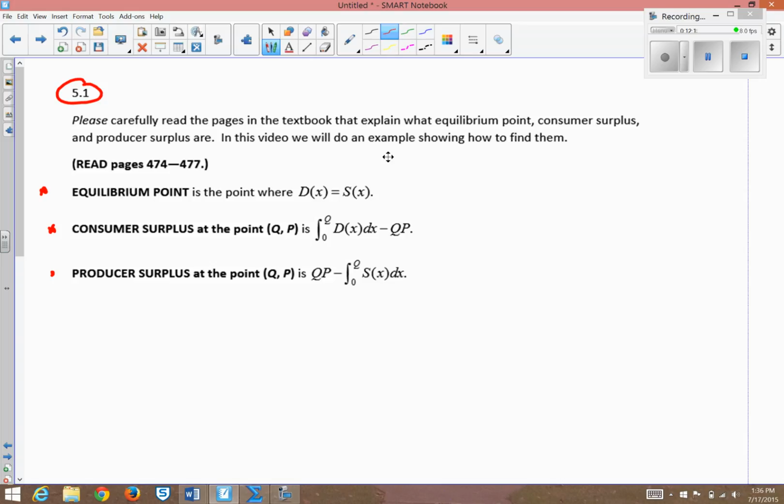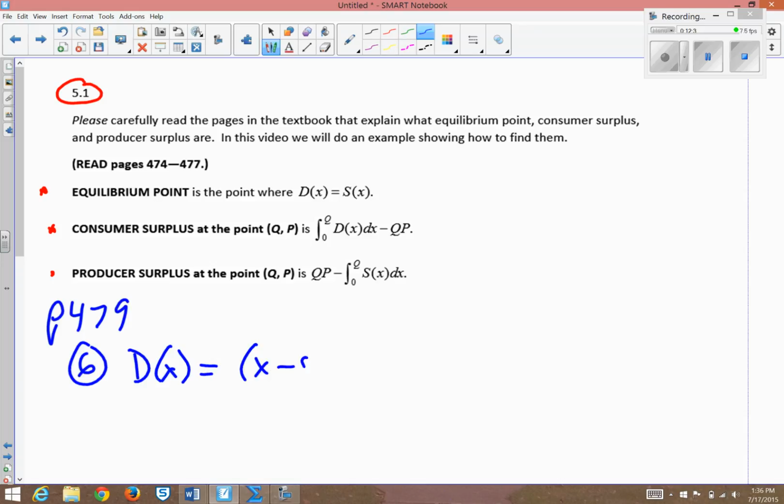We're going to do page 479, exercise 6. It says d of x equals x minus 8 squared. And it doesn't say this, but that's the same. X minus 8 squared is the same as x squared minus 16x plus 64.